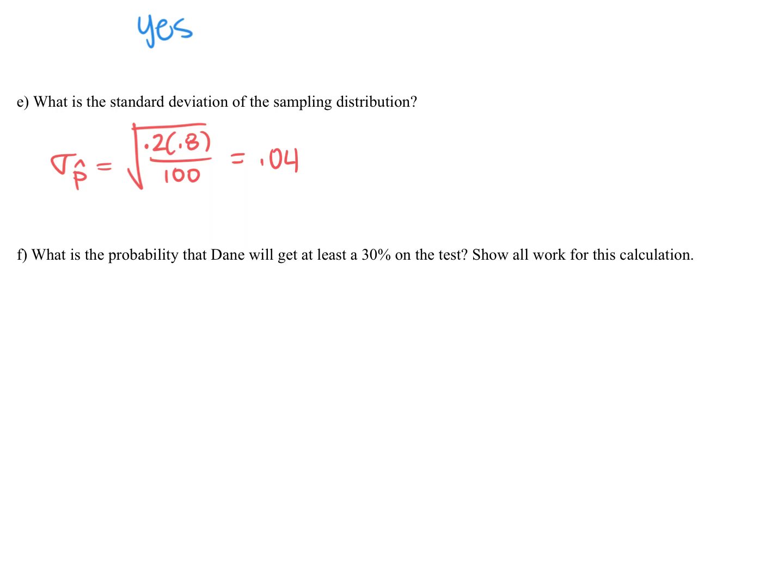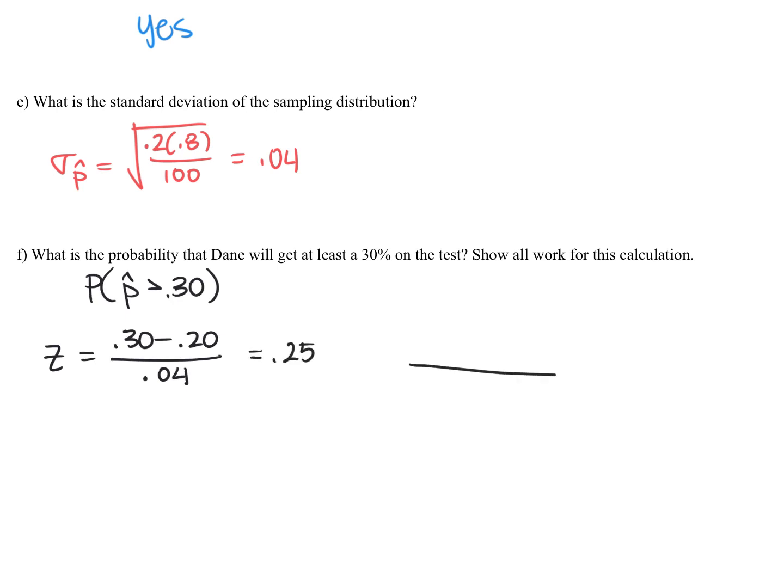So we've checked all of our conditions, we've identified our mean and standard deviation. Now we want to find the probability that Dane will get at least a 30% on the test. So probability that p hat is greater than 0.30. So my z-score is going to be 0.30 minus 0.20 all over 0.04, which is going to give 0.25.